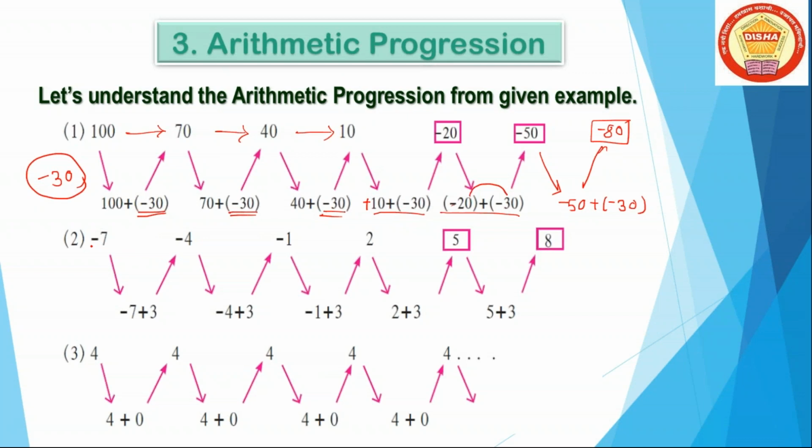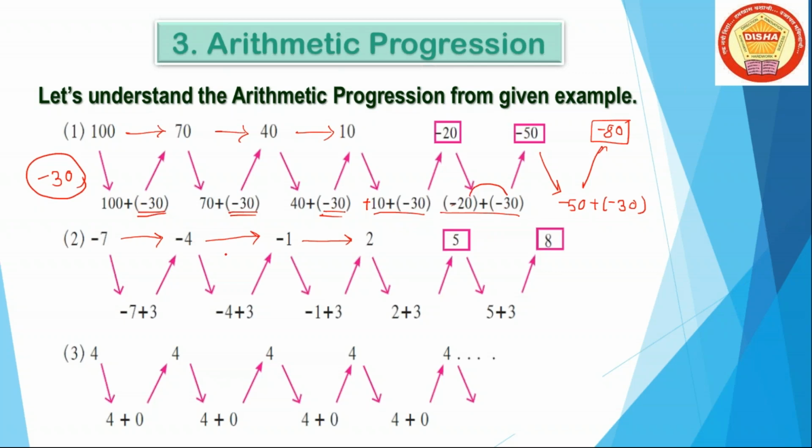See here. Negative 7, negative 4, negative 1, 2. Here we see negative 4 is greater than negative 7. Negative 1 is greater than negative 4. And 2 is again greater than negative 1.